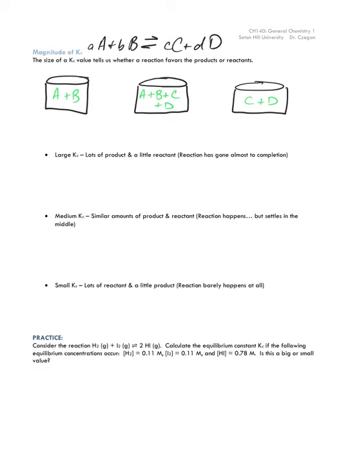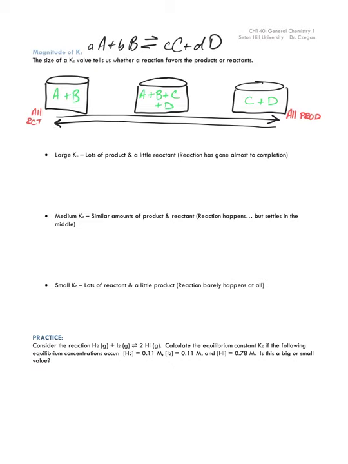So we have these ranges here where we have primarily all reactant or all product or a mixture. So over here in one extreme scenario, we have all reactant. And over here in the other extreme scenario, we have all product. And then we have our middle ground. So we can imagine for a reversible reaction that this could go this way or it could go this way.